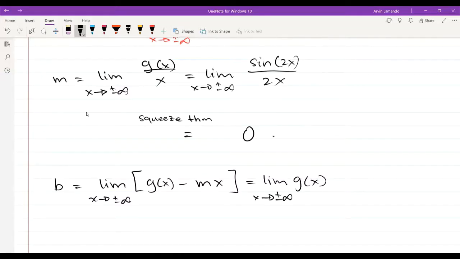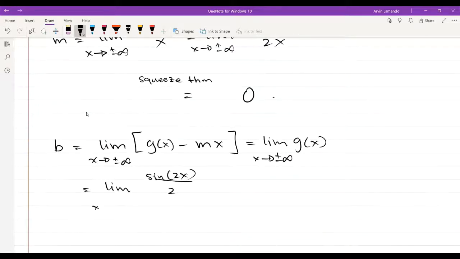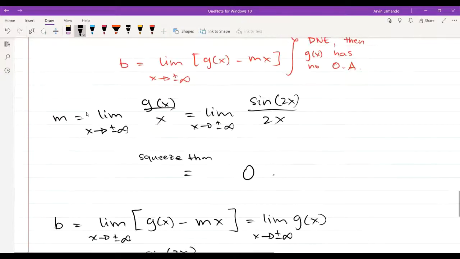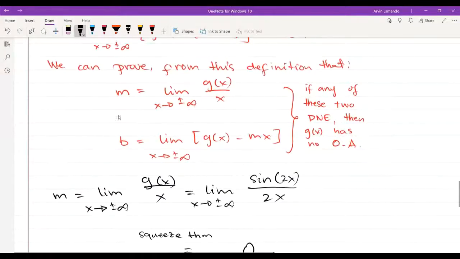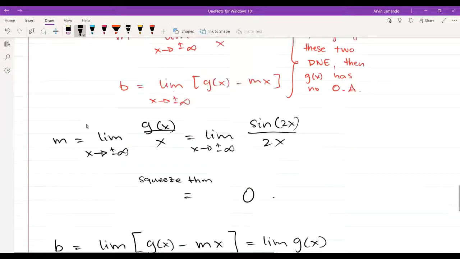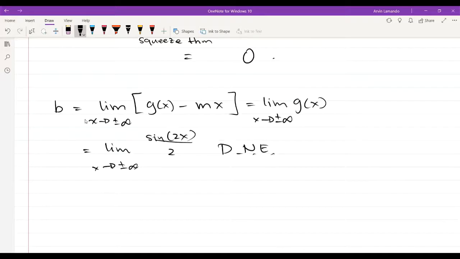But we already know that the limit of g of x as x approaches positive or negative infinity does not exist. Since b does not exist, at least one of these two does not exist, then there should be no oblique asymptote for g.